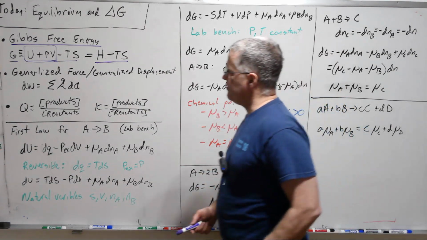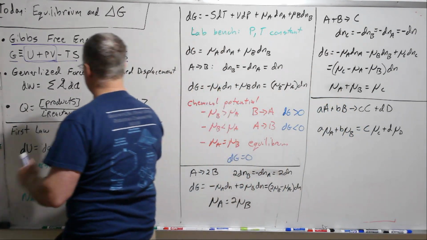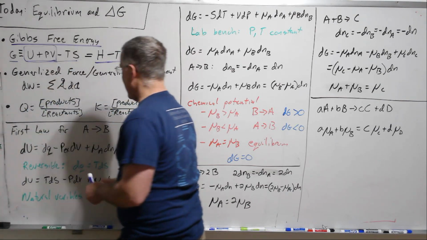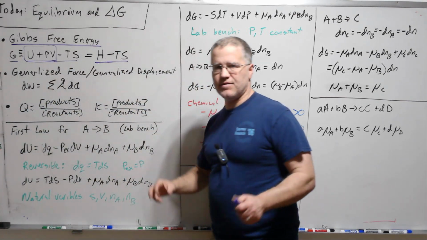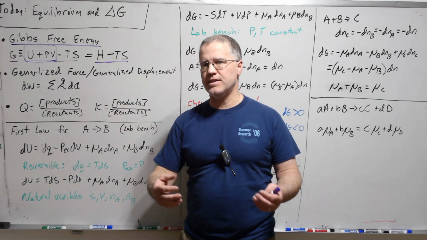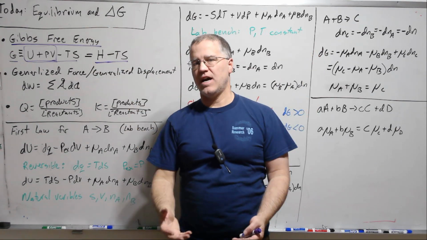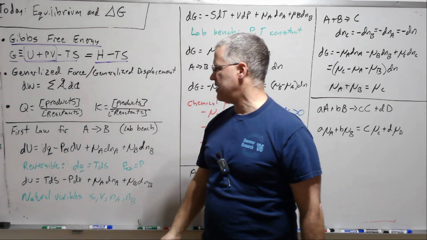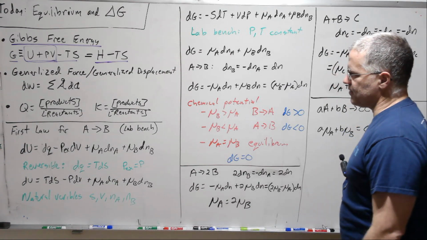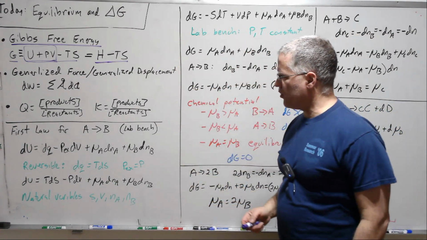And then, like we just mentioned, we have talked about Q and K, and we have the mantra products over reactants. We know what that really means. It means products raised to their stoichiometric factors divided by reactants raised to their stoichiometric factors. So hopefully you've had a chance to practice this and you've remembered some of these things from earlier.